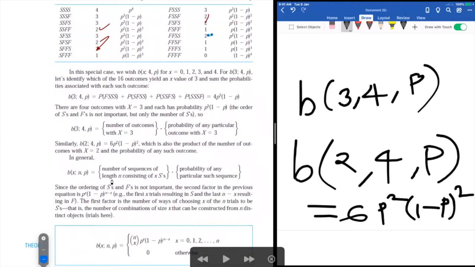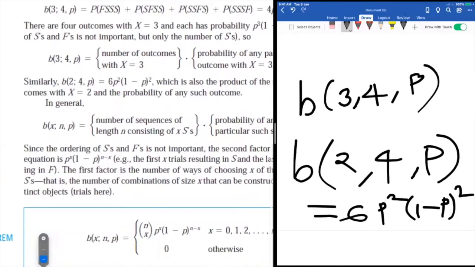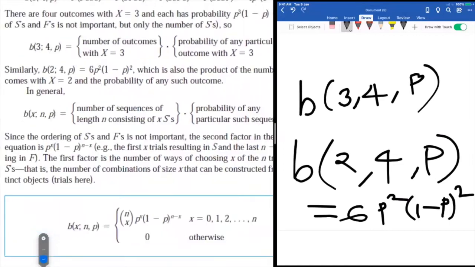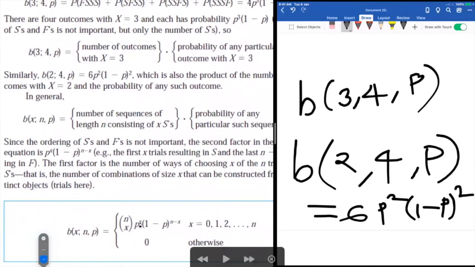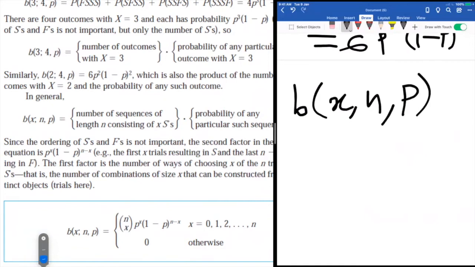So in general, the probability of getting x successes out of n trials is denoted by B of x, n, p, which is equal to nCx p raised to x, q raised to n minus x.